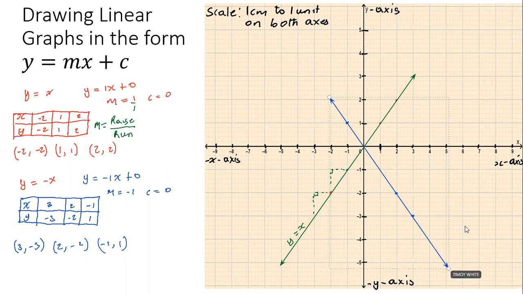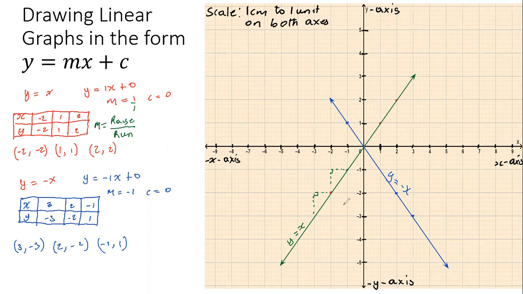Like that. There you go. So there is the line y equal -x, and we're going to label it. You should always label your line. So this line is the line y equal negative x.